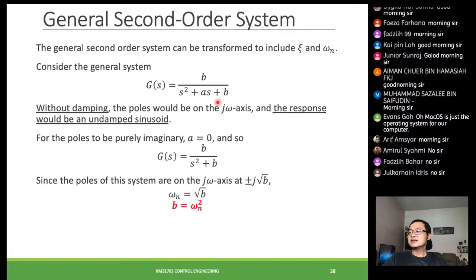Because of that, we assume this part, the middle term in the second order polynomial, to be 0. When this is 0, then it will be purely no damping. So when this is purely no damping, then we will notice that this is equal to b.